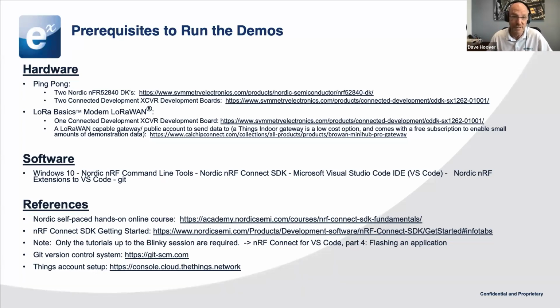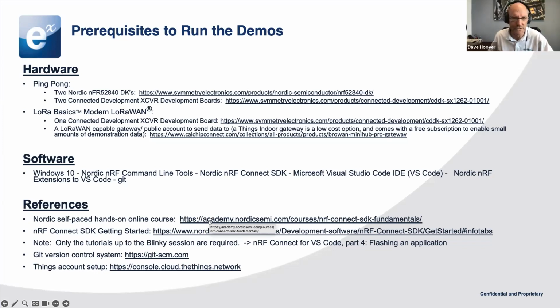You can also, for this example, hook up to public LoRa networks. So, for example, Senet. There are some other public LoRa networks out in the US that you can attach to for demonstration purposes. Software, there's Nordic tools. Again, the instructions will go through this a little bit more, but this demo is built around Nordic tools. And then some references. I would highly recommend that anybody going through this looks through this Nordic online course.